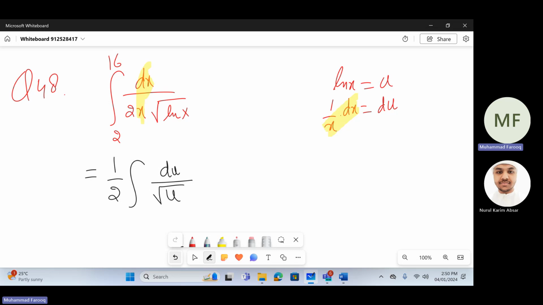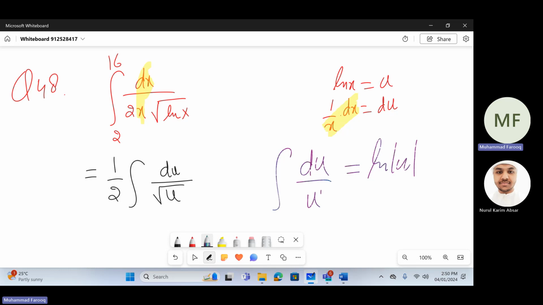No, not possible. Here you cannot apply ln. In the rule, the formula is the integral of du over u. How much is the power of u in the denominator? 1. If it is power 1, then you say ln of the absolute value of u. But right now the power is half. You cannot apply it at all.